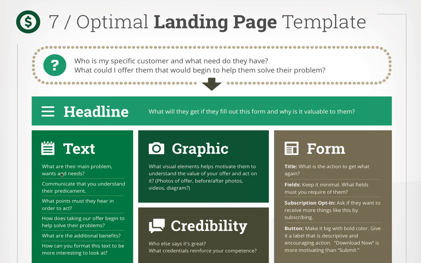So in the text here, what are their main problems, wants, and needs? We just want to confirm that we understand where they're coming from, so they know that we understand them, and we're suggesting this tool for their specific problem.